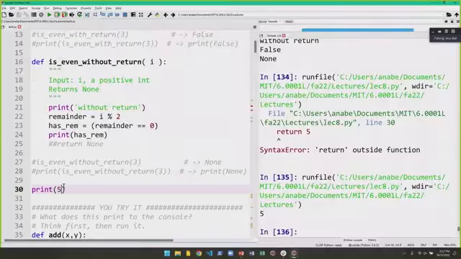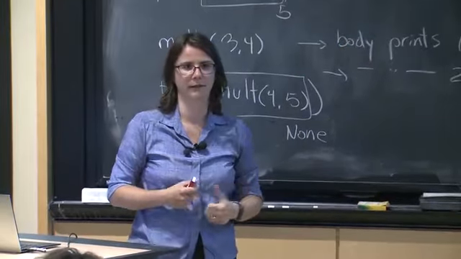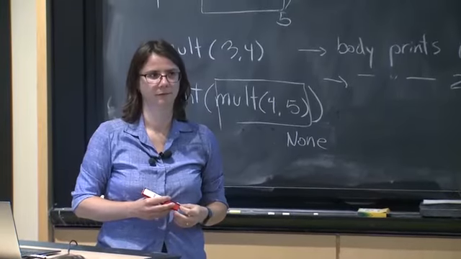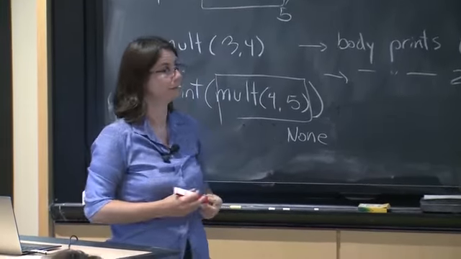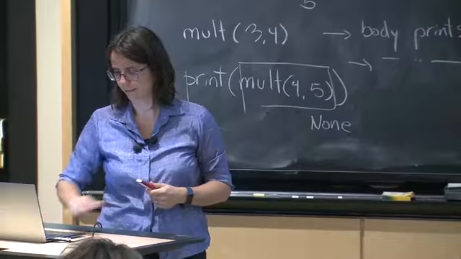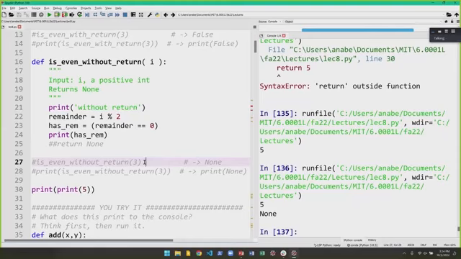So if I print the return of the print function, if I wrap my print function in another print function, what do you think this is going to output? I'll run it. It outputs None.